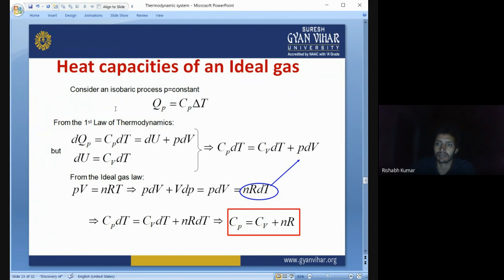that the heat provided to a system is equal to the number of moles multiplied by specific heat multiplied by change in temperature.